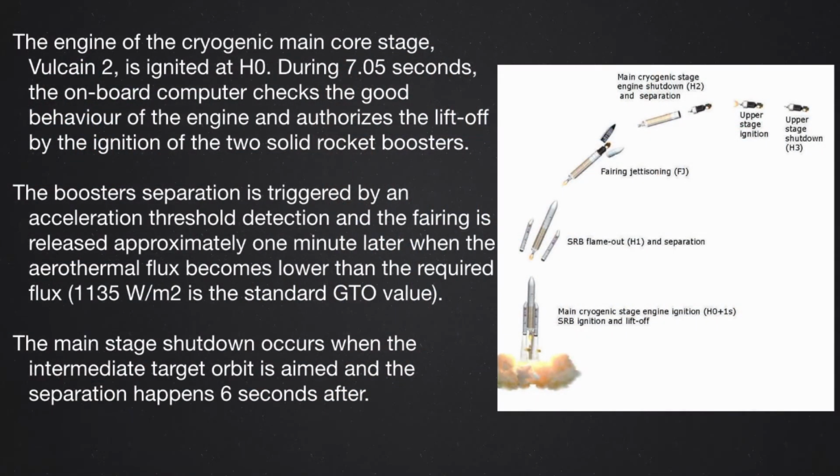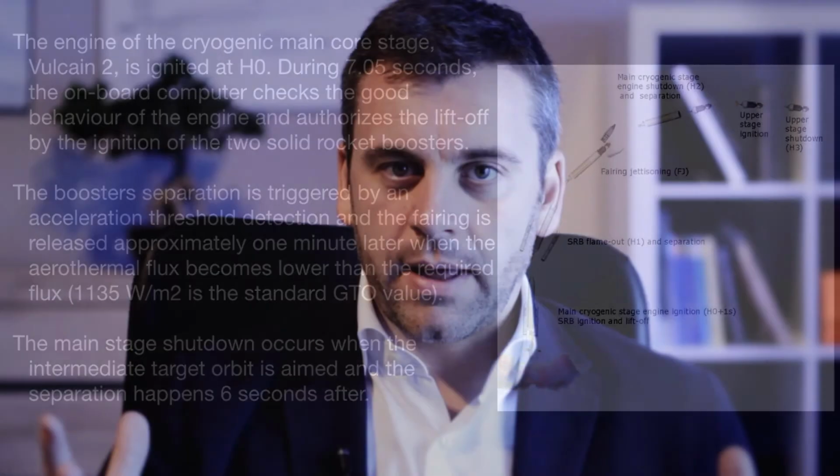Okay? So you switch on the Vulcain 2 and then you switch on the boosters, so you have the takeoff. After 2 minutes, as I said, the booster consumes all the propellant, and there is an accelerometer on board that measures the thrust of the booster.